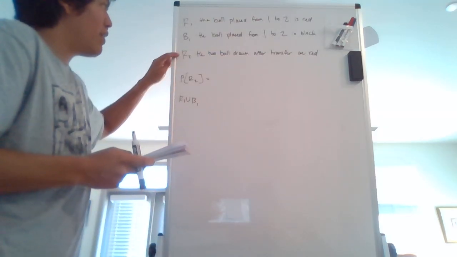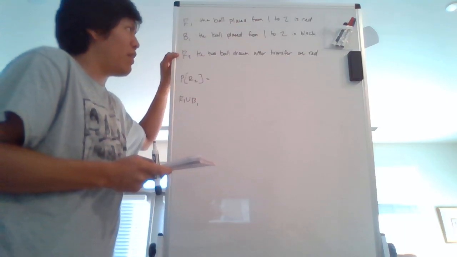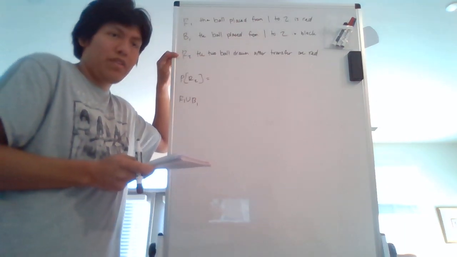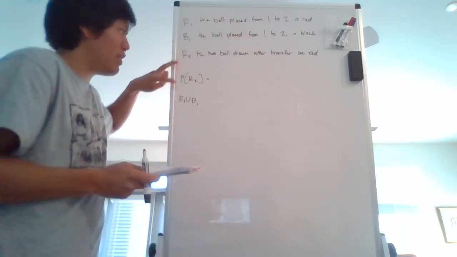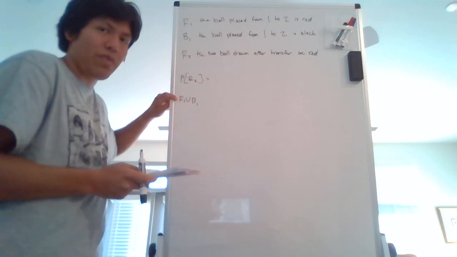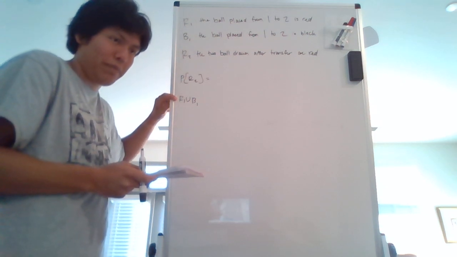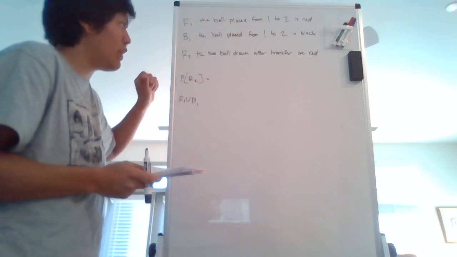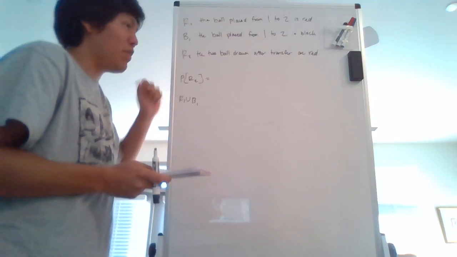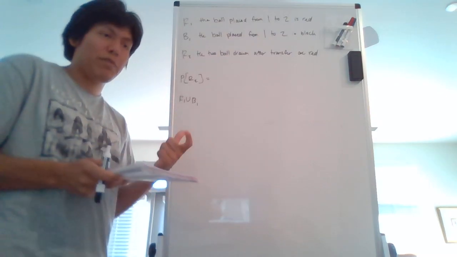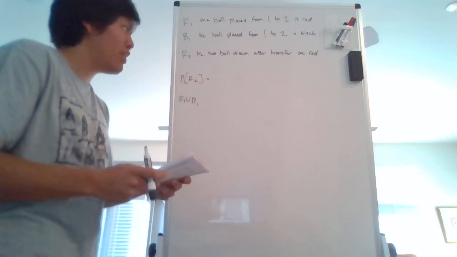But R2 has to happen in conjunction with either one of these, right? So they both have to happen at the same time. So that would be an intersection.